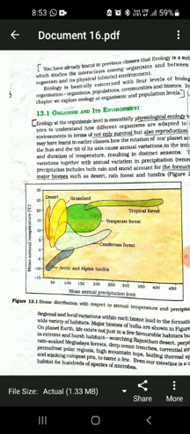The formation of major biomes such as desert, rainforest, and tundra can be seen here. Regional and local variation within each biome leads to the formation of a wide variety of habitats. Major biomes in India are shown in figure 13.2 in your NCERT book.